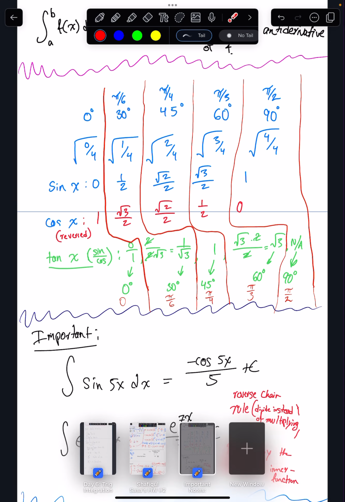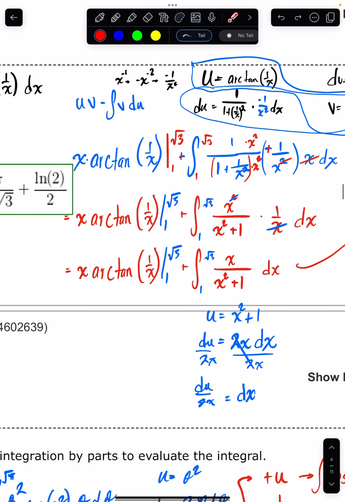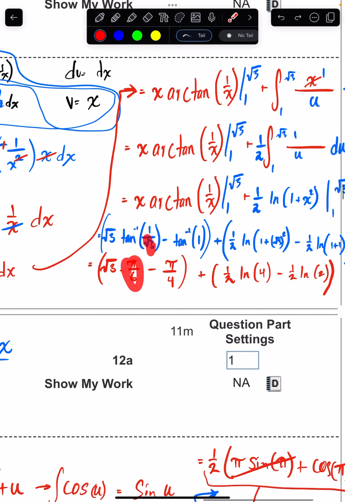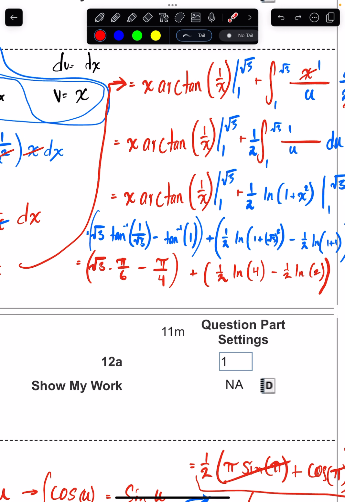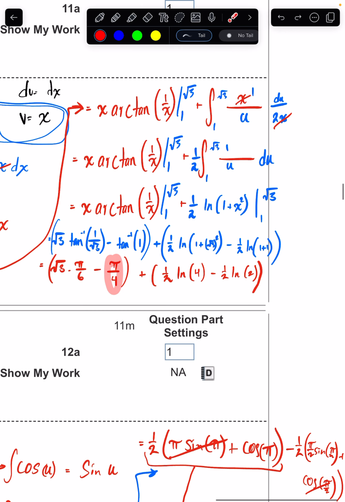So the inverse tan of 1 over square root of 3 would give us pi over 6. And same thing with this: tangent of what gives us 1? Tangent of pi over 4 gives us 1. Okay, and here should be my plus, plus 1/2 of this.